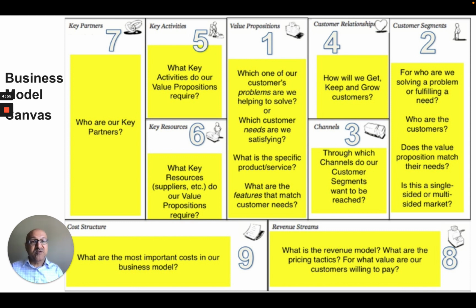If you're a direct to consumer, single-sided model, it would be D2C, direct to consumer or B2C, business to consumer. So it's worthwhile thinking through that. Once you have box number 1 and box number 2 set up, then quickly we'll go to 3, which is channels of distribution.